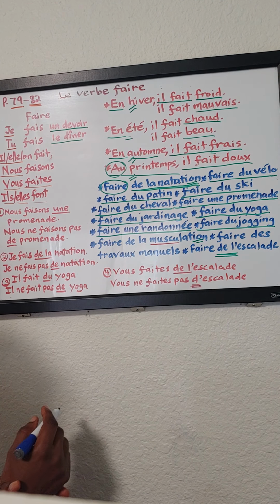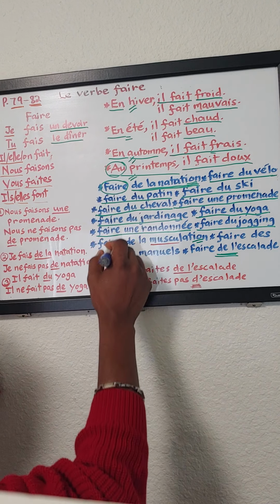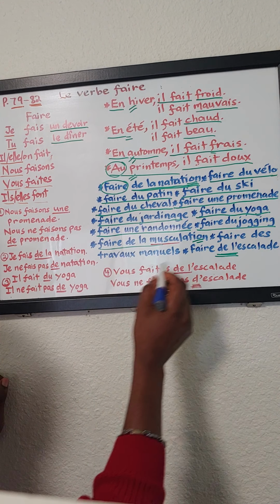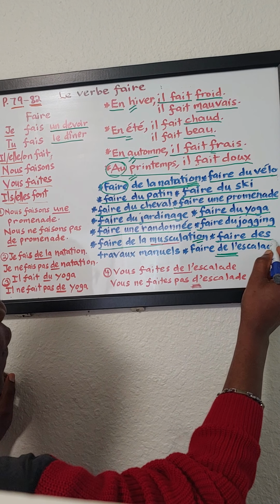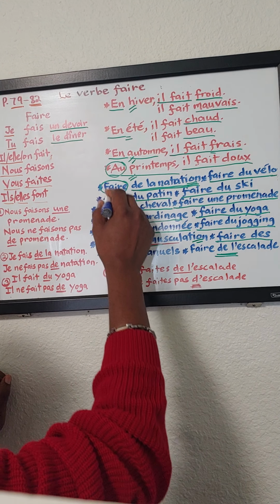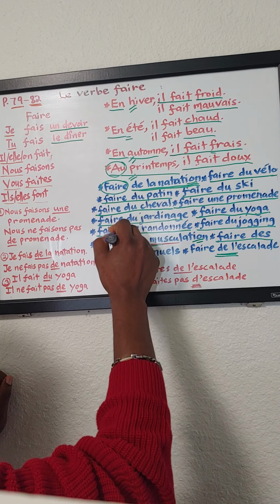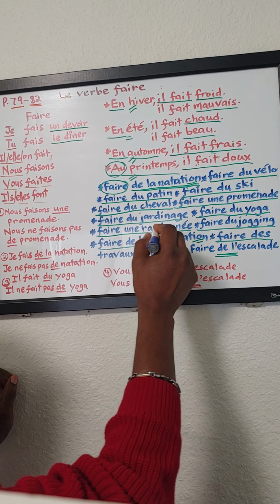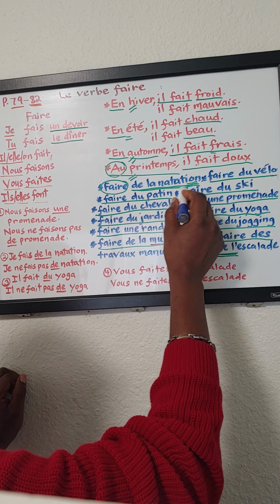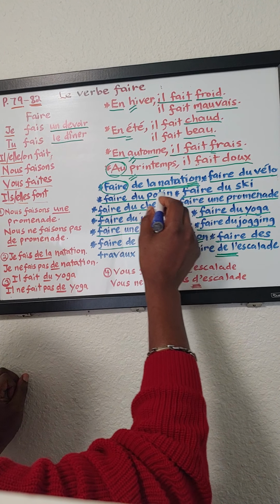Okay, so in these expressions, faire is used to express sports or leisure activities. So here, you will conjugate the faire part, and the rest of the expressions will stay the same.